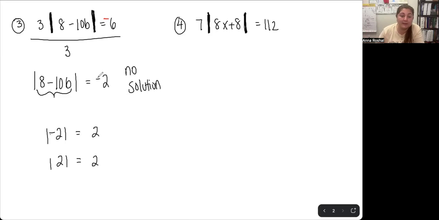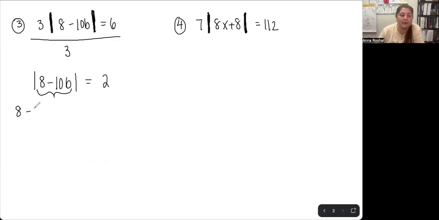However, since it is a positive 2, there is a solution, and we would do the same thing that we've done up until now. I'm going to go ahead and erase this whole business here. It's not really -2. Let's get rid of that. We don't need any of this, and we can go back to here.